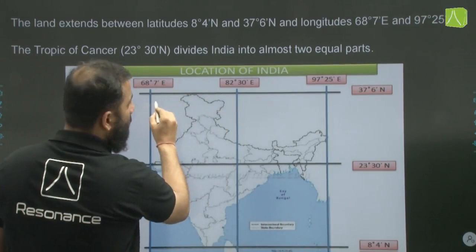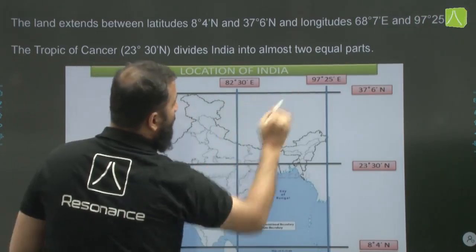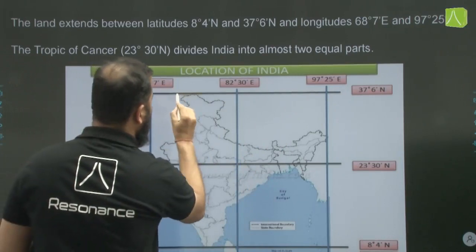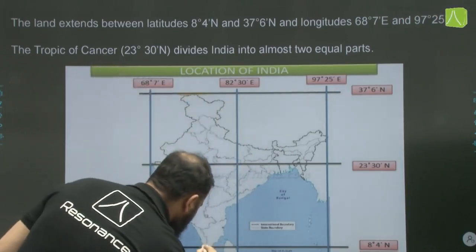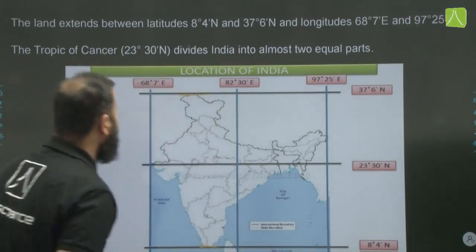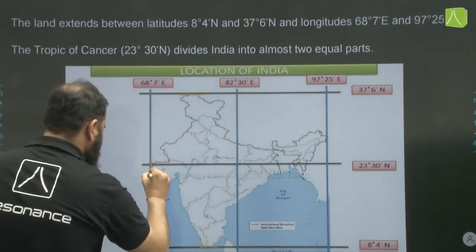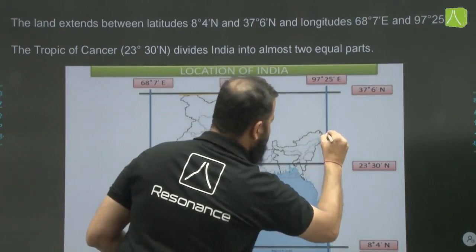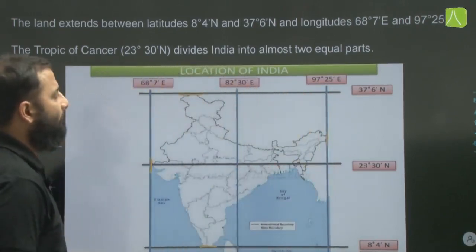This is 37 degree 6 minutes north, that is here. Then this is your 8 degree 4 minutes, this one is your 68 degree 7 minutes, and this one is your 97 degree 25 minutes east.